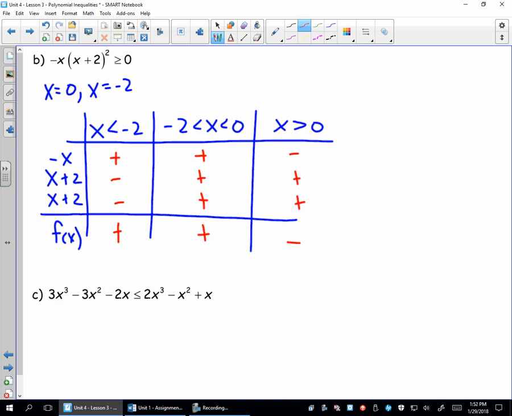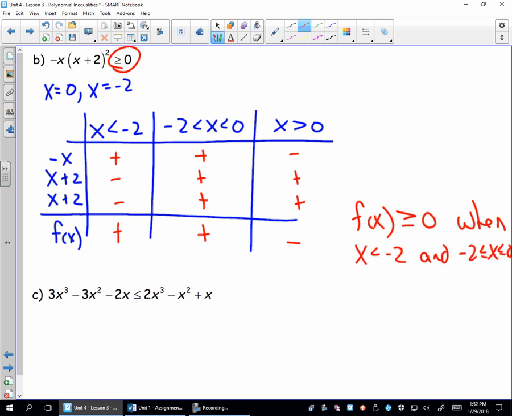Okay, what can I say? I can say that my function is greater than or equal to 0 when, what am I looking for here? Positives this time. So what would I say? I'd say x is less than negative 2 and from negative 2 to 0.